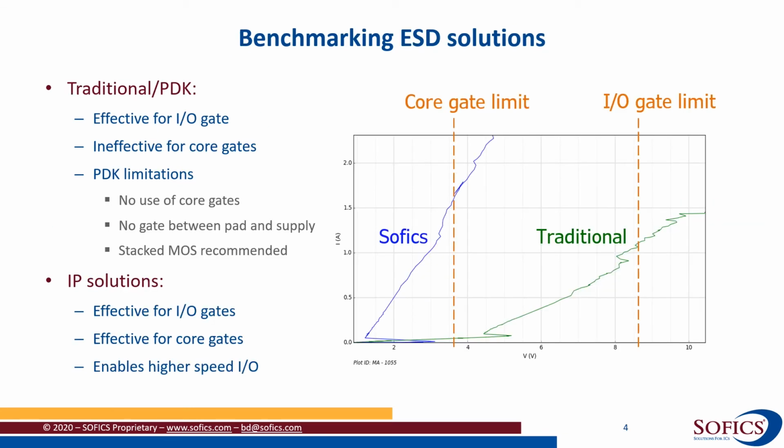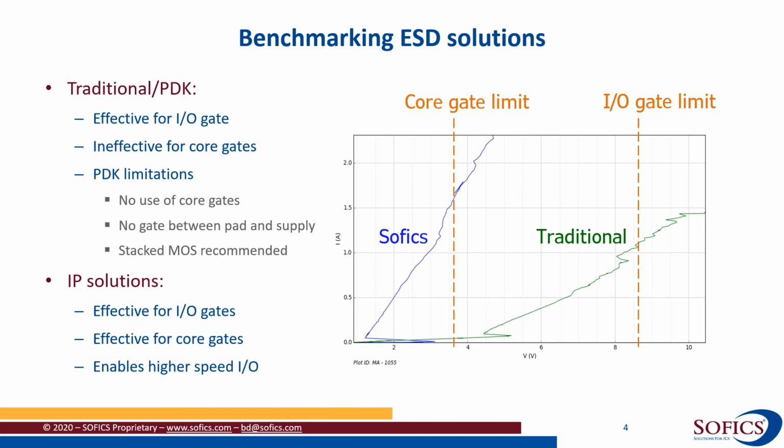Here's the benchmarking of the Sofics solutions versus the traditional or PDK solution. The green curve is the traditional solution, the blue curve is the Sofics IP. You can see that the traditional solution is definitely effective, as we would expect, for the I/O gates, because it operates and conducts a nice amount of current, in this particular case more than 1 amp, below the limit where the I/O voltage gate would be damaged.